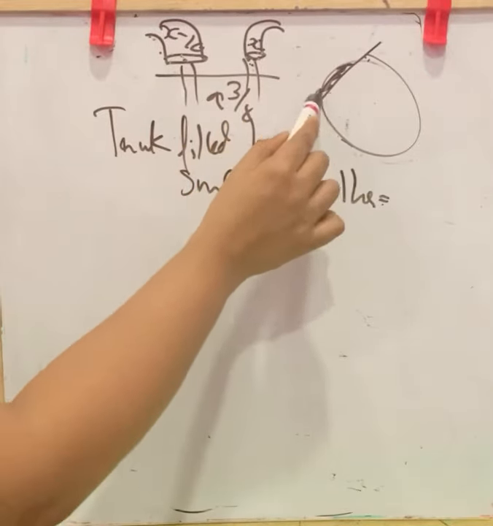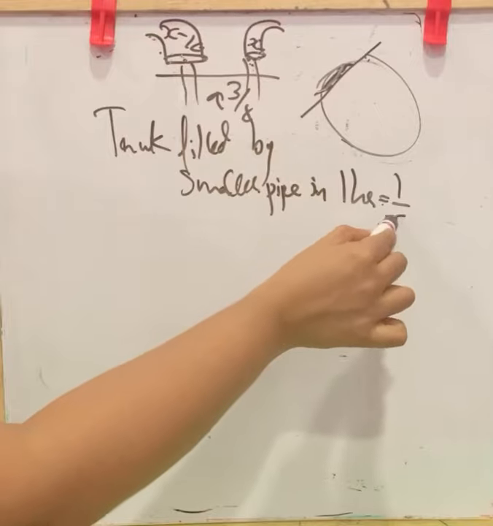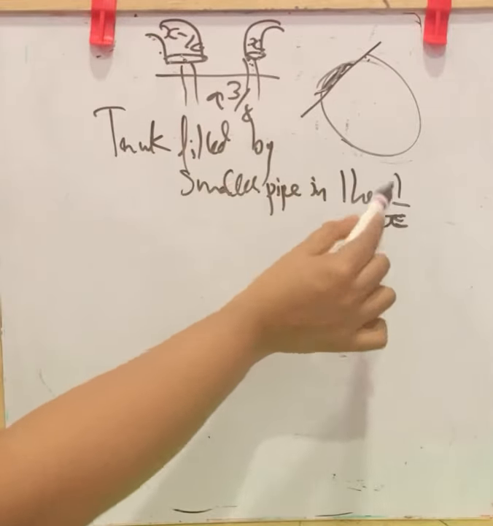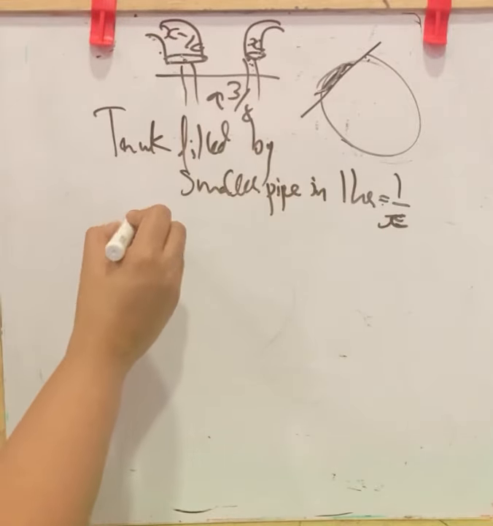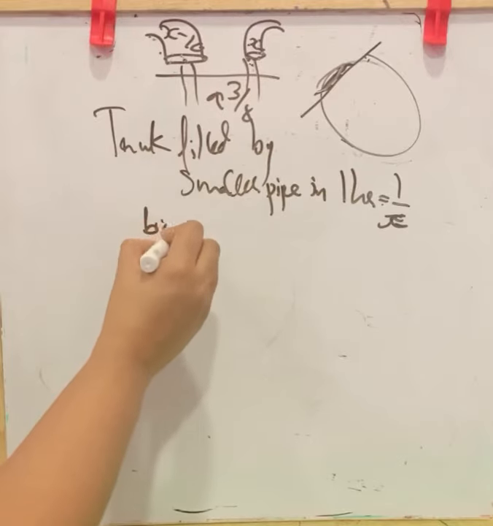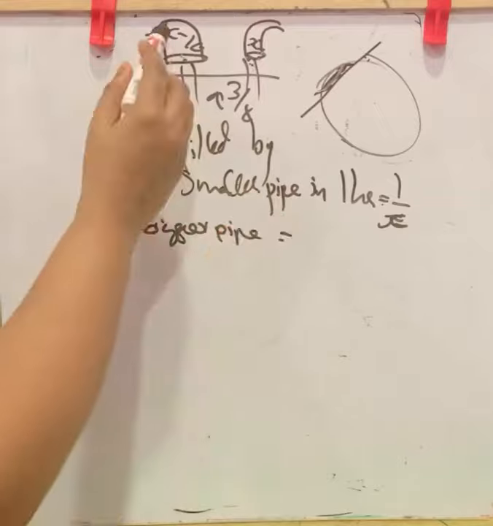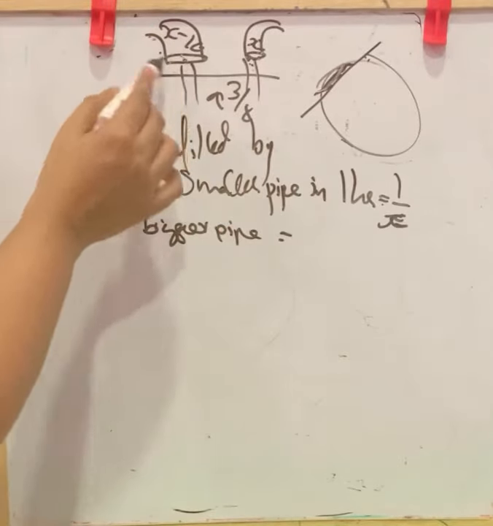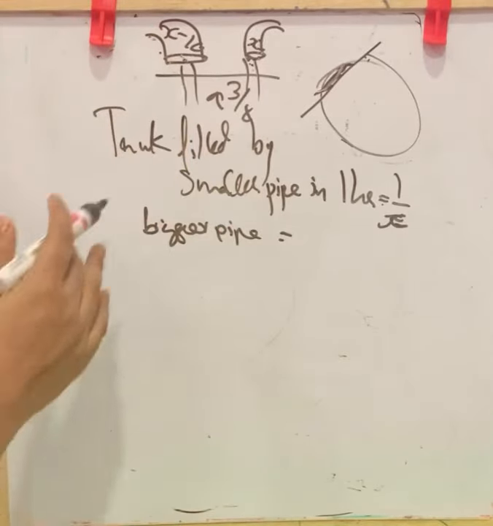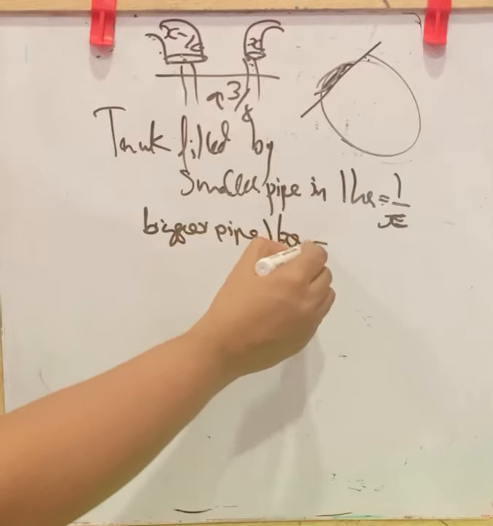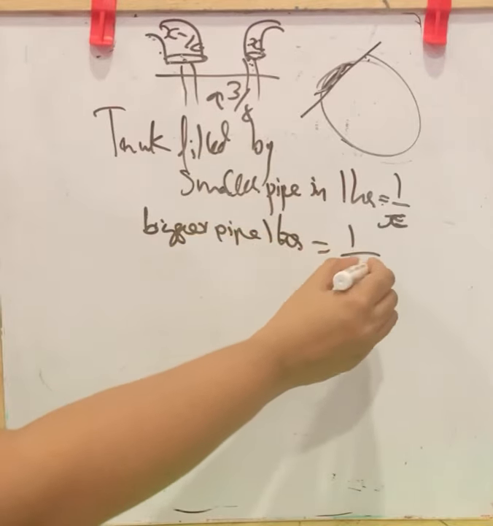In 1 hour it will take 1 by x part. Now tank filled by bigger pipe, here it is total x minus 10 hours. So bigger pipe in 1 hour, how much it takes? 1 by x minus 10.